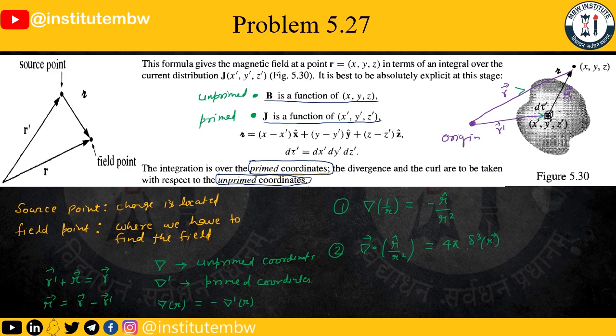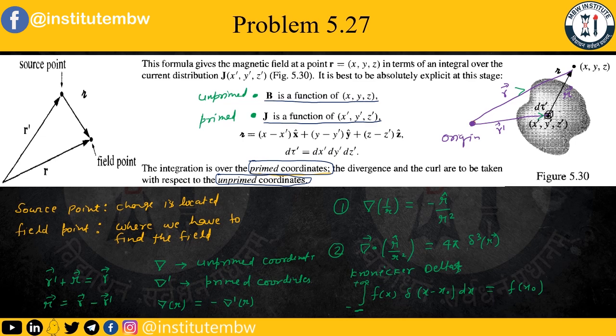Here delta is the Dirac delta. Its property is this: when you integrate from minus infinity to plus infinity f of x delta of x minus x naught dx, then in place of x in f of x it will be x naught, so f of x naught. We will use this in this question, that's why I told you.